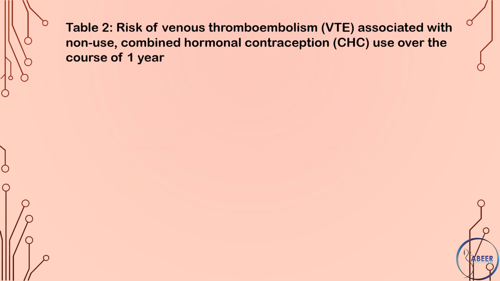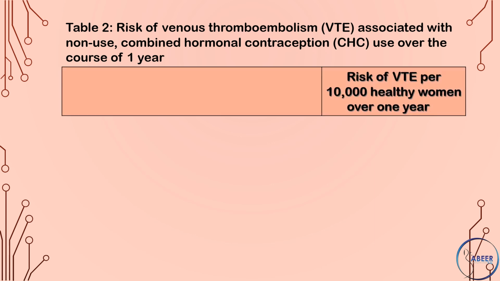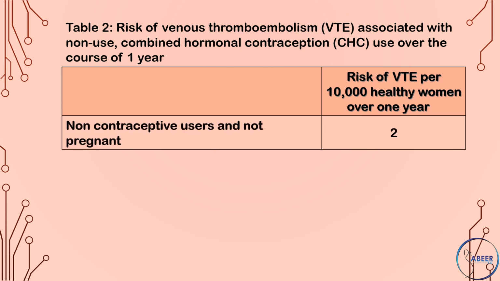Table number 2. Risk of venous thromboembolism or VTE associated with non-use and combined hormonal contraception or CHC use over the course of 1 year. Risk of venous thromboembolism per 10,000 healthy women over 1 year. Non-contraceptive users and not pregnant: 2.